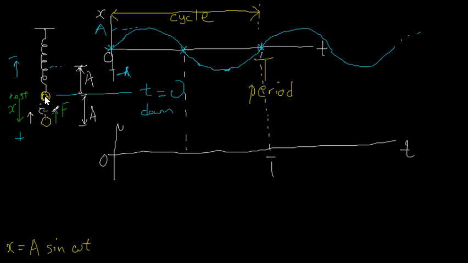So at time t equals 0, the ball starts there and it is on its way down. That means at time t equals 0, it has a certain velocity.